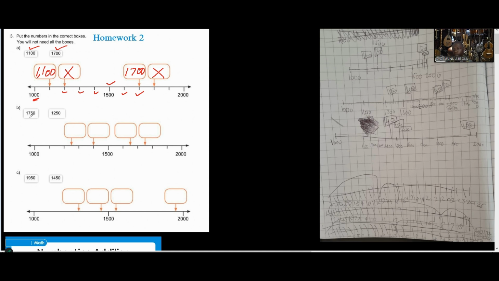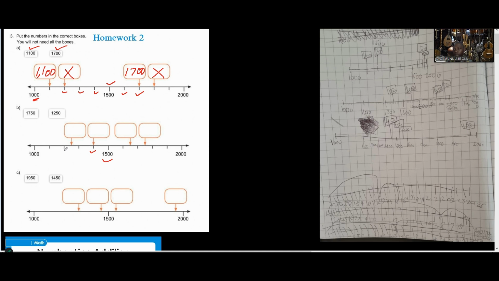Then the other one, 1750. If this is 1250, okay, 1250 can be, because this is 1500. So 1000, this can be 1100, 1200, 1300, 1400, and 1500.